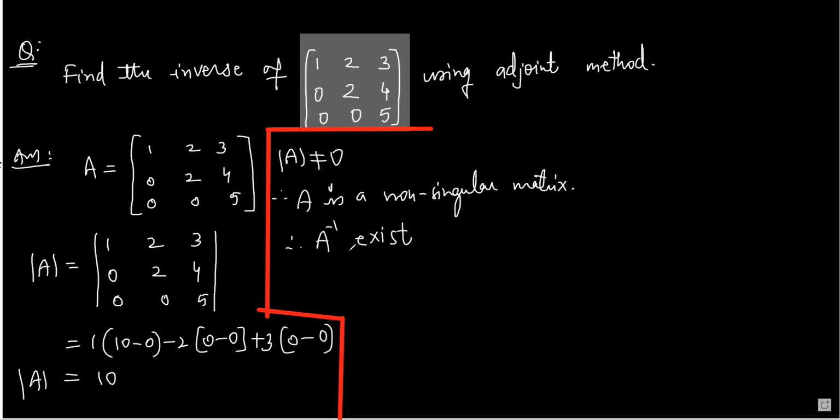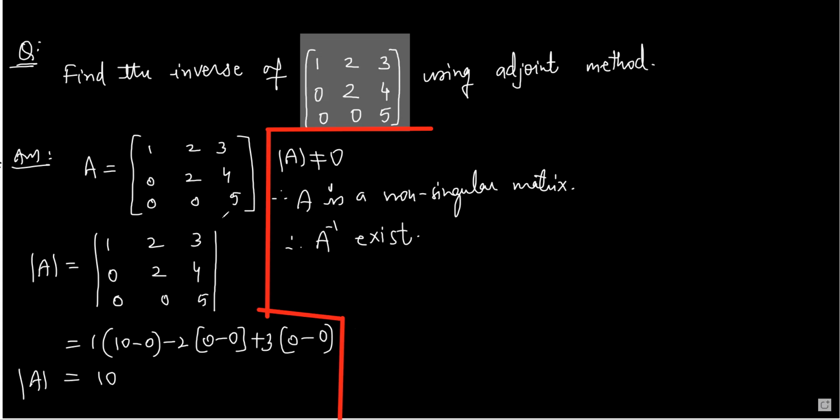Always remember, the inverse will exist only when the determinant is not equal to 0. If this determinant value was 0, I would have written directly that A inverse does not exist, and the problem ends there itself. You cannot find the inverse because determinant A is 0. But now I got the answer that it is a non-singular matrix, so the inverse will exist.